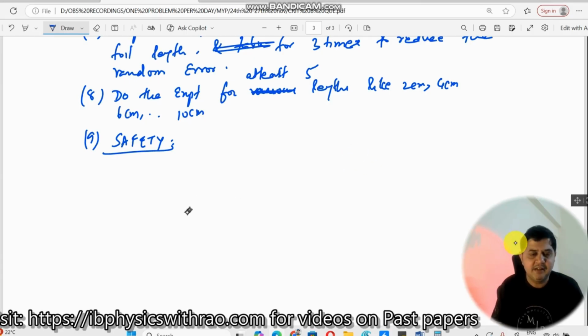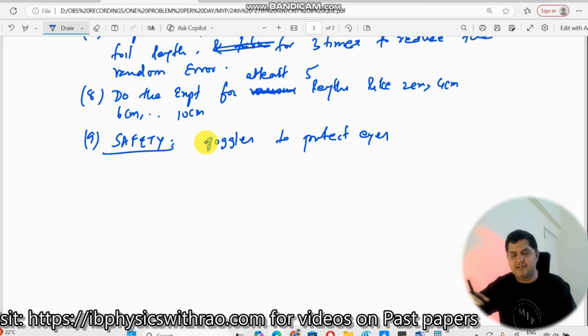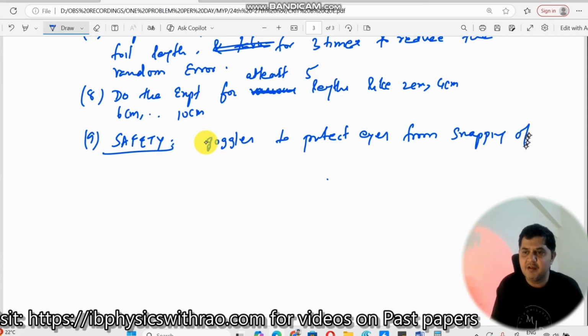You just need safety goggles to protect eyes. Why do you want to protect eyes? Is there a chemical? No. But the moment you are snapping this, there's a possibility the rubber band can break and hit your eyes. Goggles to protect eyes from snapping of the rubber band. You can mention this.